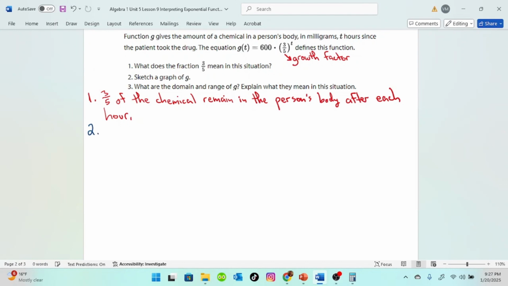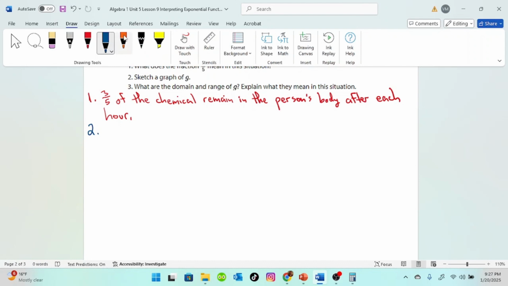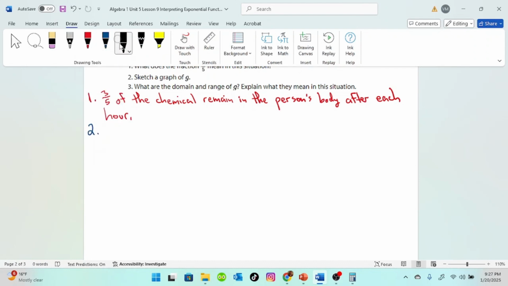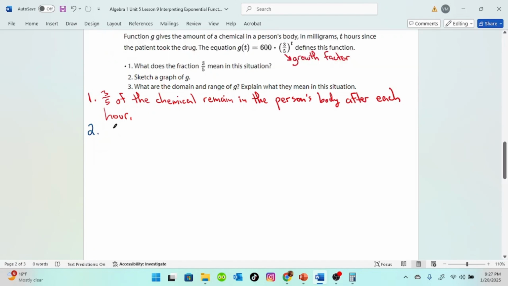Now number 2 wants us to sketch a graph. So we'll have our y-axis, we'll have our x-axis. We said that the input is the hours.